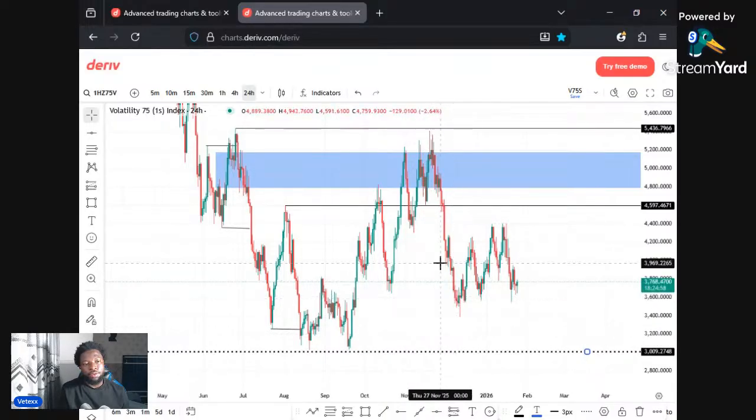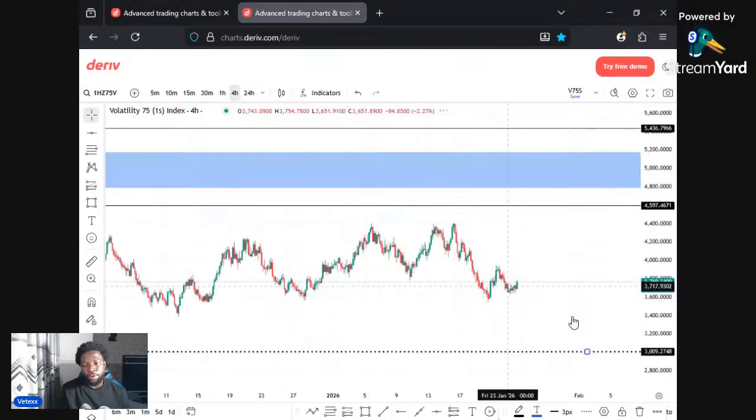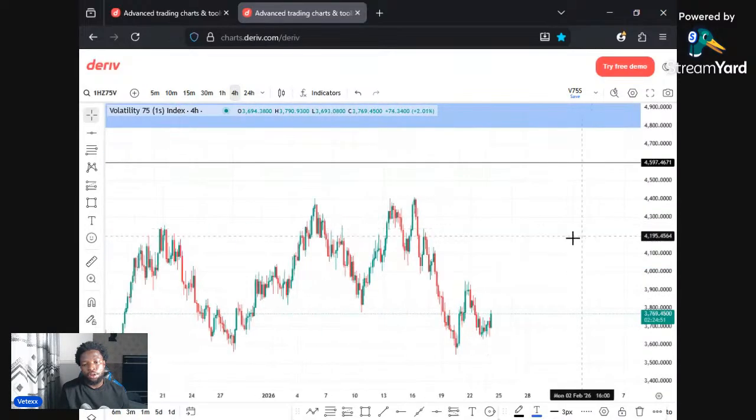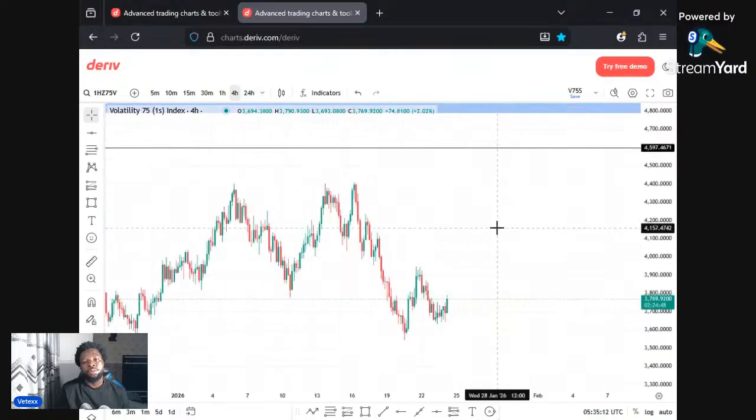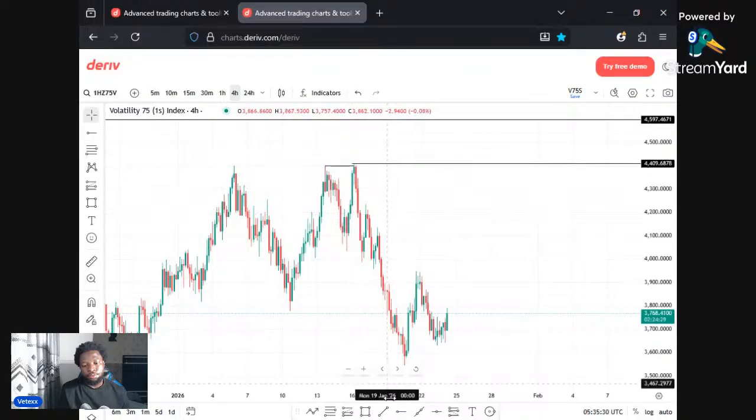Now that we have it on the 24-hour time frame, let's go down to the 4-hour time frame to see if we find our structure there before we start thinking of taking a trade on it. Clearly, you see that we have our first rule here on the 4-hour time frame, which is this sweep of liquidity, protected high.